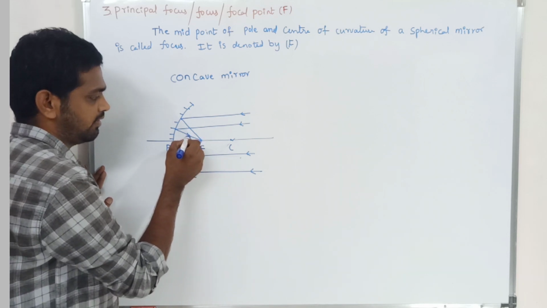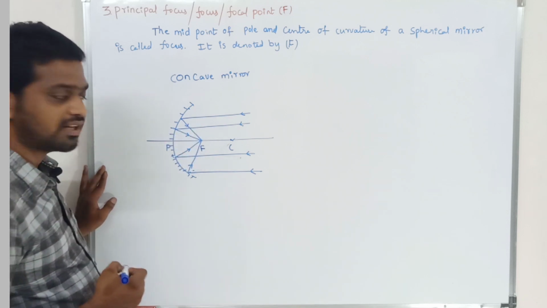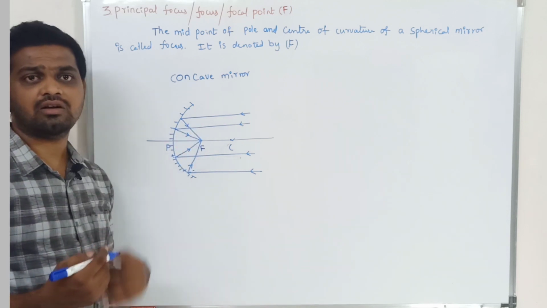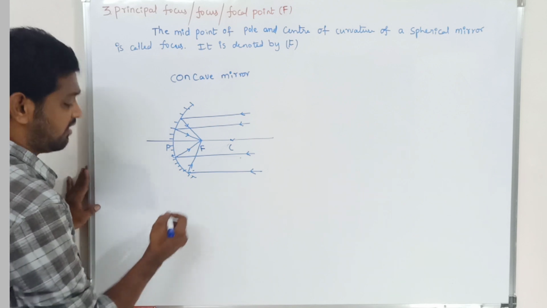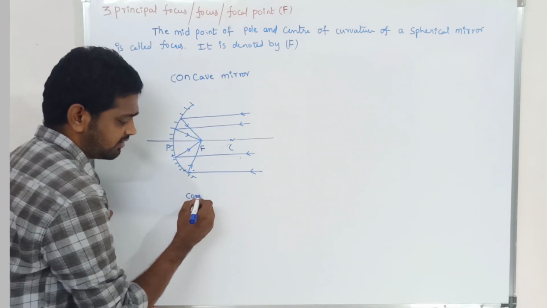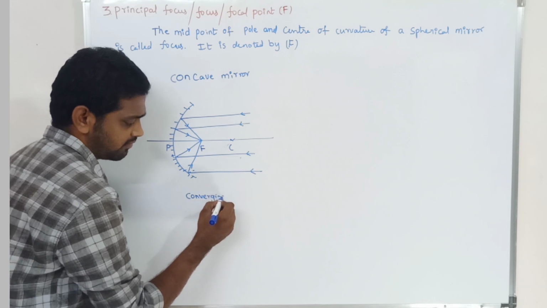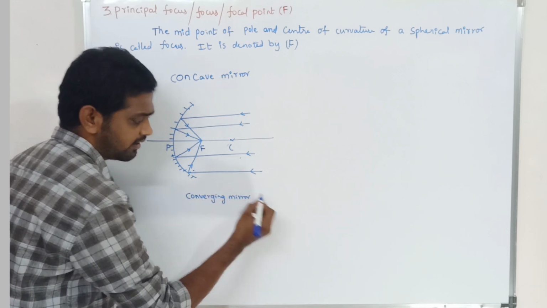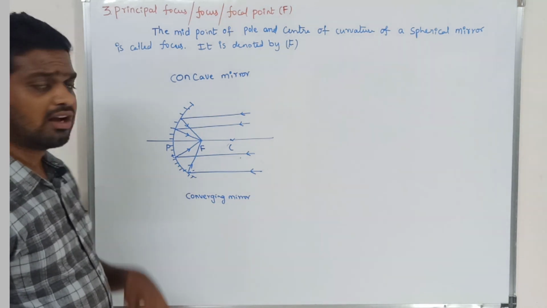Clear? This is the diagram which represents the convergingness of a concave mirror. So therefore we name the concave surface as a converging mirror. Clear? Converging mirror is nothing but a concave mirror.